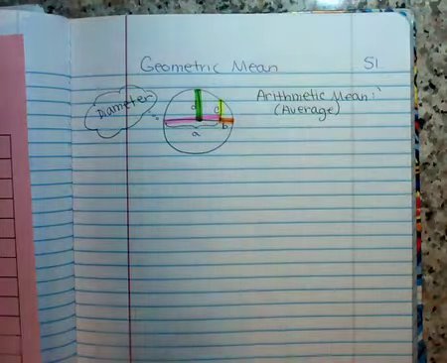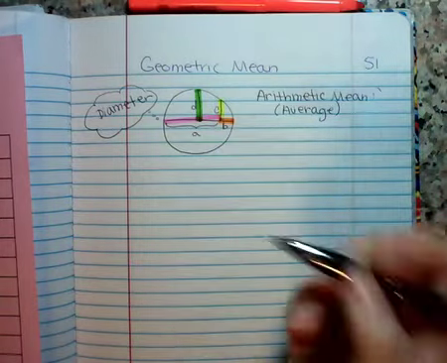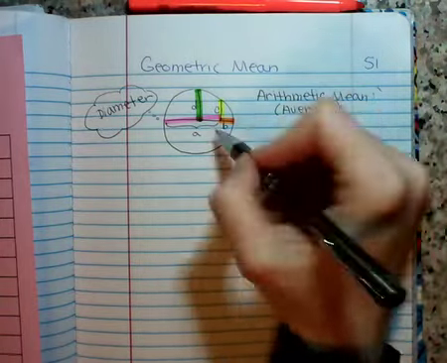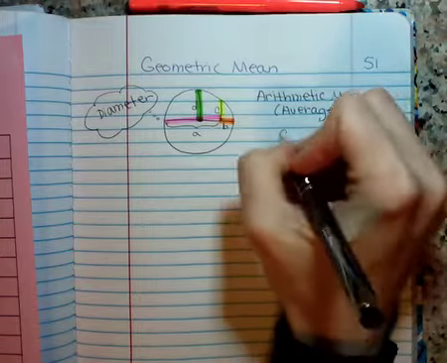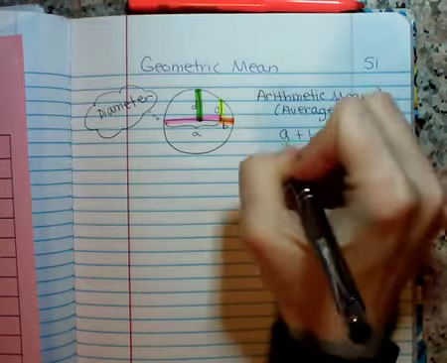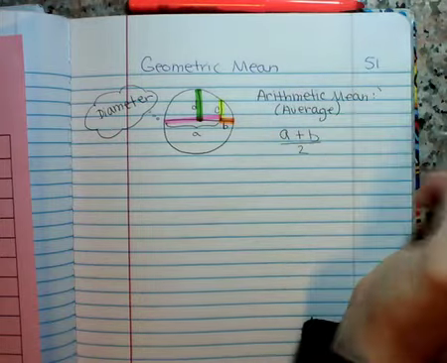Okay. So when we are going to find an average, we're going to add A plus B and divide by 2.